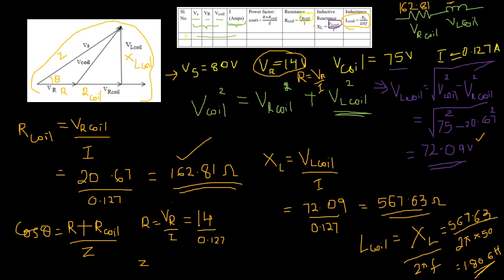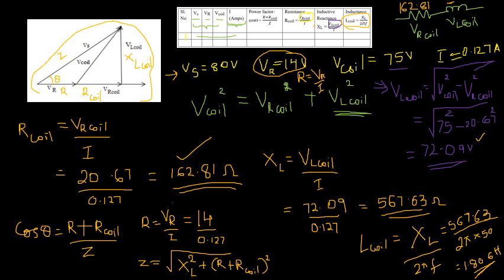Similarly I can calculate the value of Z. Z value will be equal to the square root of XL square plus R plus R coil, this much whole square.